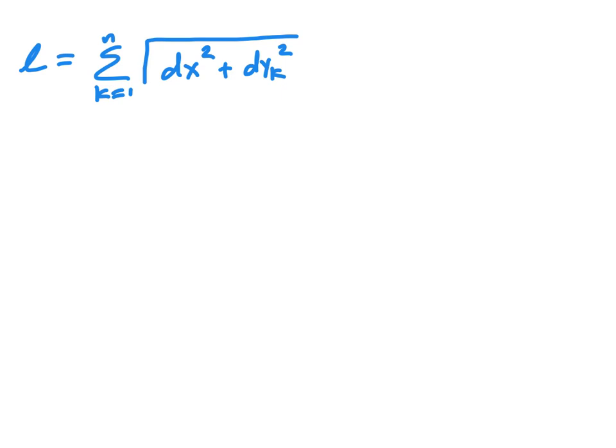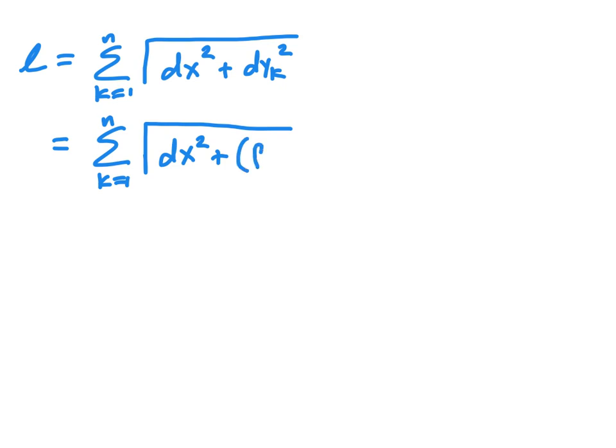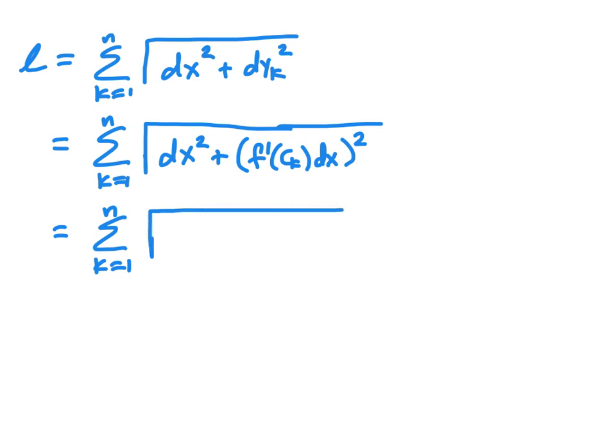So making this substitution, we have the square root of dx squared plus f prime of ck times dx, quantity squared, all inside of the square root. Now, looking at the square root itself, each term is going to have a factor of dx squared.